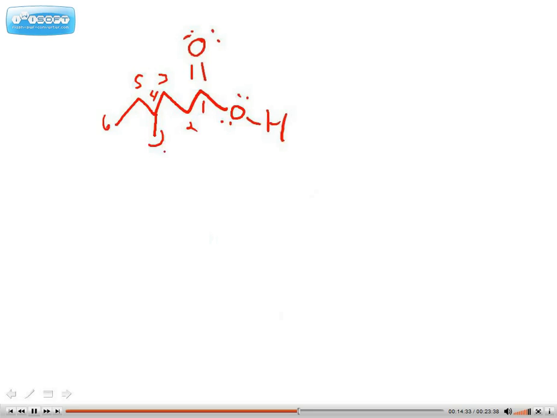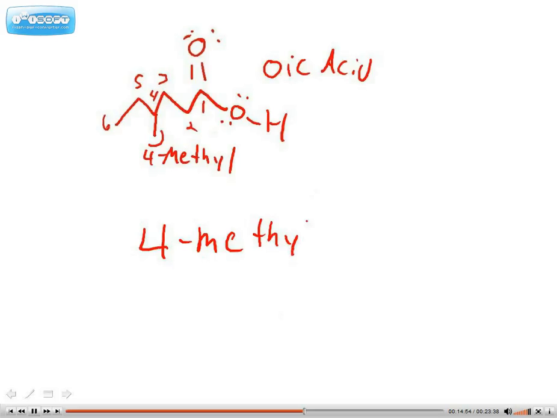Notice I do have a branch. This is just a good old-fashioned methyl on carbon 4. This over here is going to be an oic acid, and the parent's going to be a hexane. So in this case, it's going to be 4-methylhexanoic, make sure you have a big space, acid.